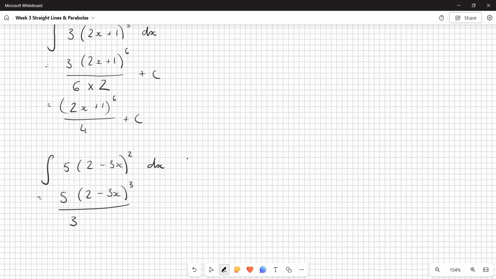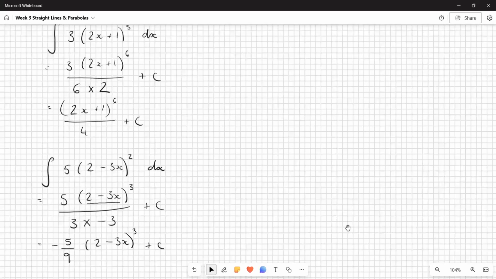But it's not an x, so we also divide, which means put on the bottom, by the derivative of our fake x. And the derivative of 2 minus 3x is minus 3. Remember, the 2 disappears and minus 3x becomes minus 3. So that will become negative 5 over 9 times 2 minus 3x, cubed. We can either put that like that, or we could put the whole line across. It doesn't matter, as long as it's on the top. Oh, plus c.